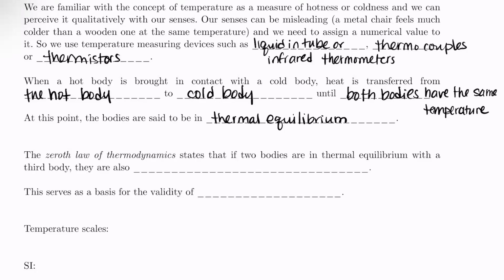Okay, the 0th law of thermodynamics. This is the first of the laws of thermodynamics that we are talking about in this class. It states that if two bodies are in thermal equilibrium with a third body, then they are also in thermal equilibrium with each other.